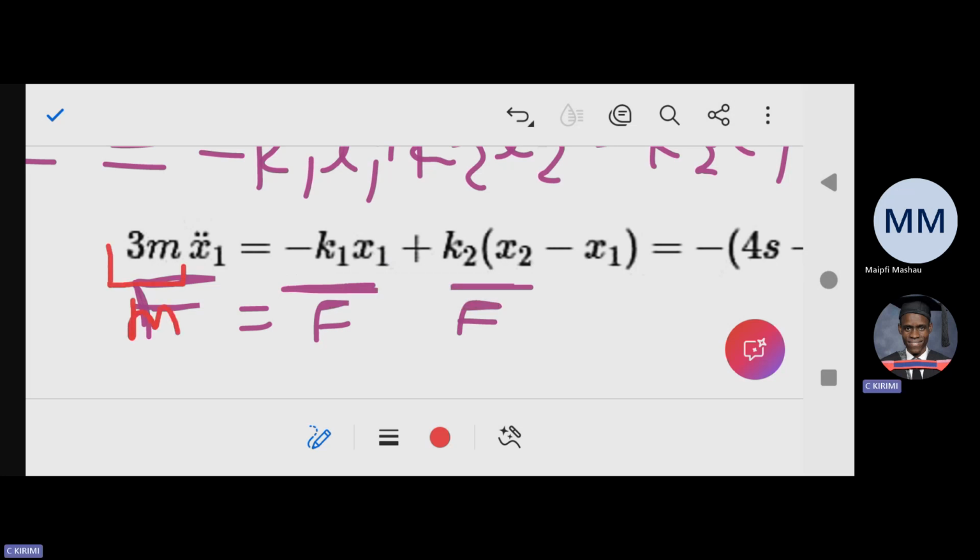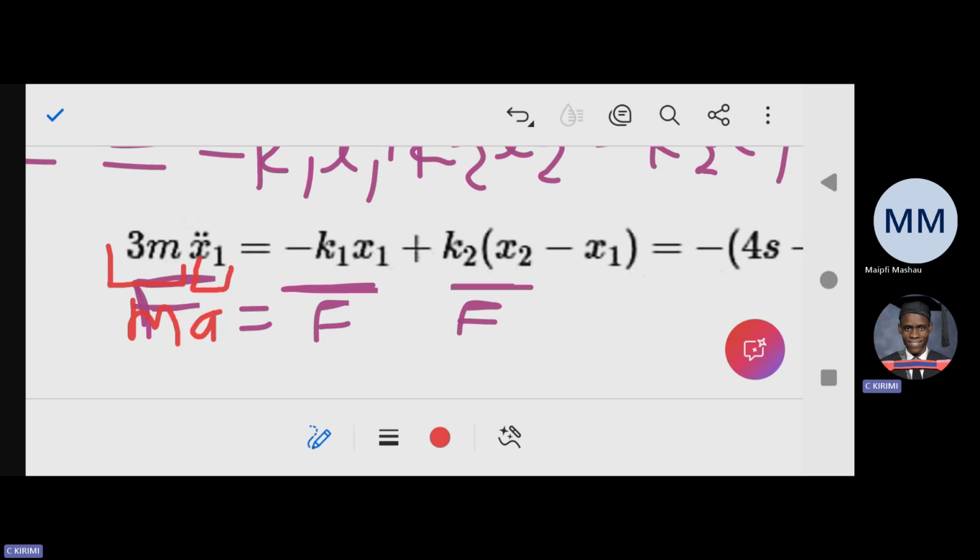So mass times acceleration is a force. For this 3M block, what does it give us when we are talking about the spring constant? It will say K1, which is the spring constant attached to that mass block.